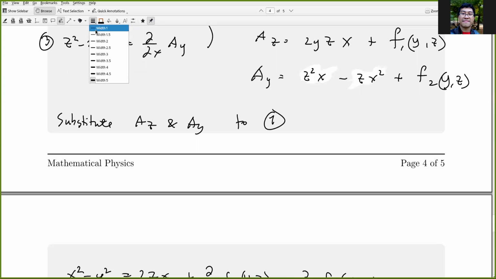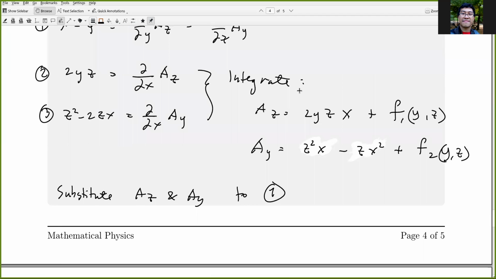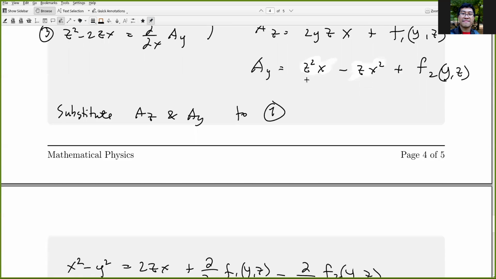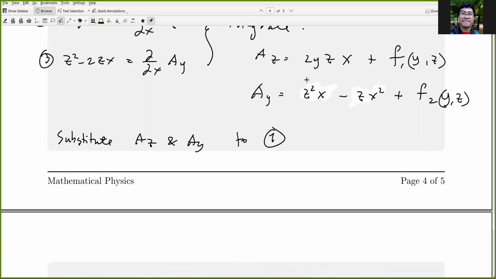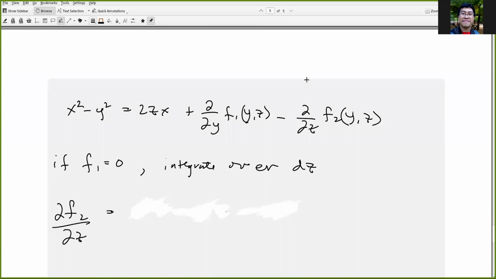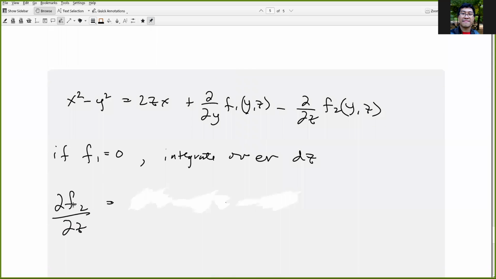Let me erase this first. I did not mean this f2 here. Perhaps let's do this later.